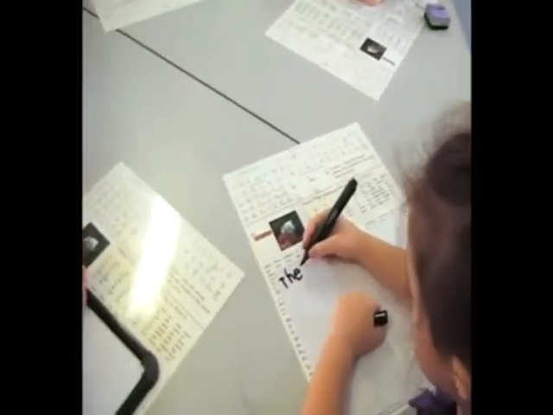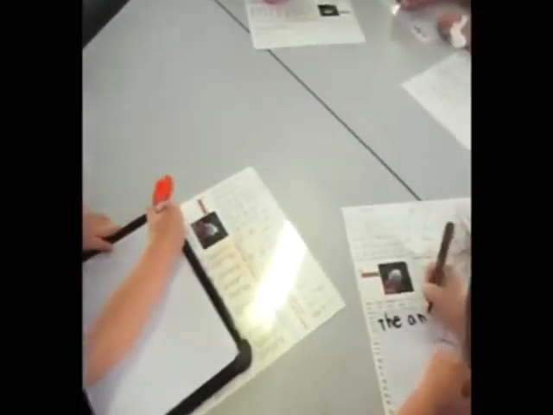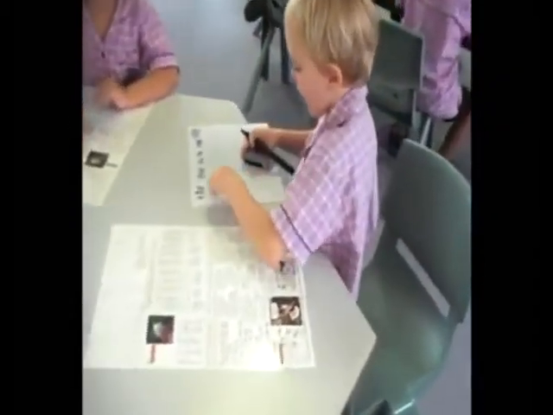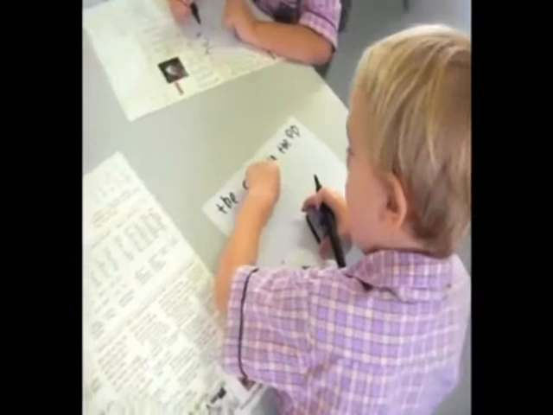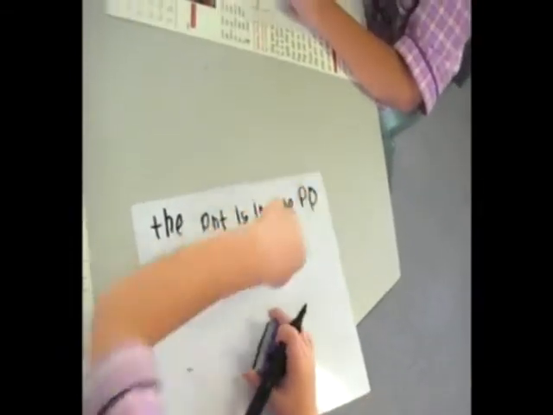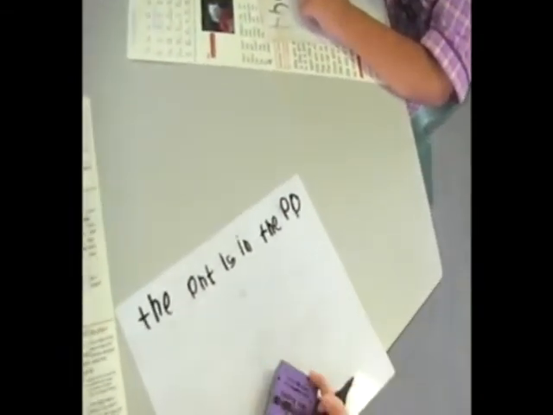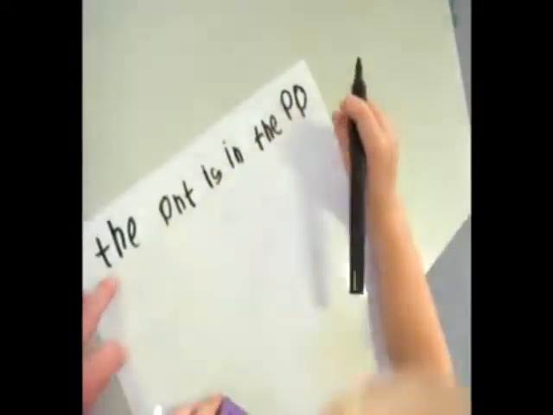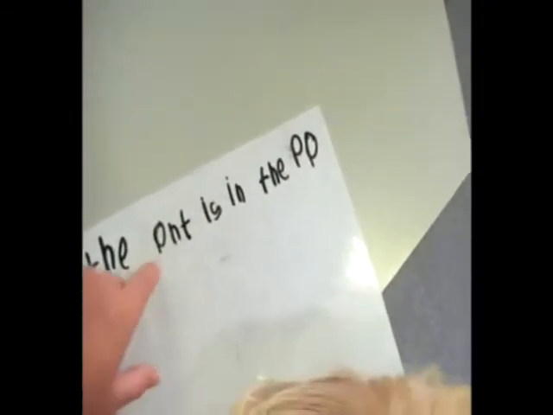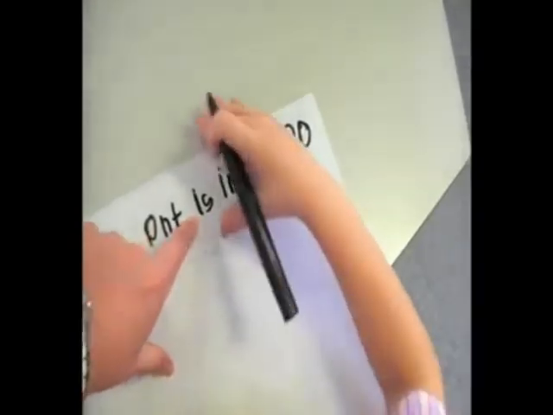And I can see some fingers and faces. The ant is in the pan. The ant sits in the pan. So the ant, will we have to change that to sits?